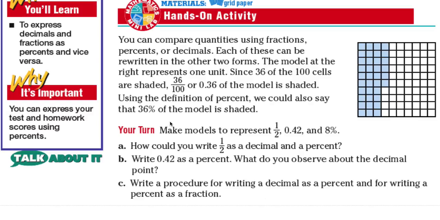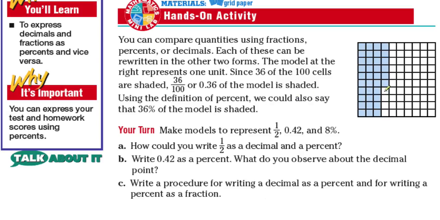So you can make models to represent 1/2, 0.42, and 8%. Let's take a look at the first one, and let's use blue shading. When you say 1/2, that means 1/2 of all the squares, which is 25.